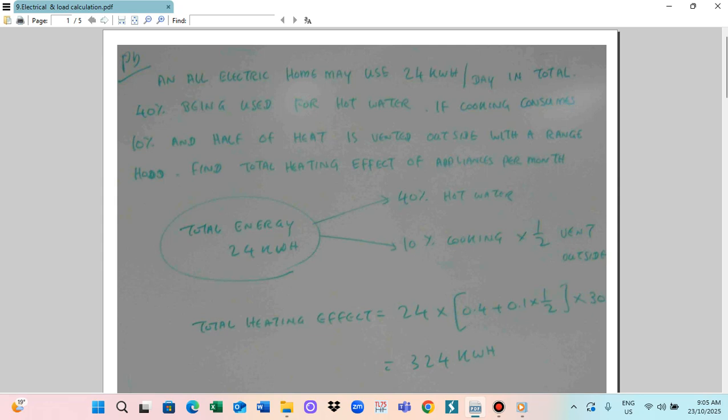Total 24 kWh. Total energy is 24 kWh. So from the 24 kWh, we are using 40% for hot water.